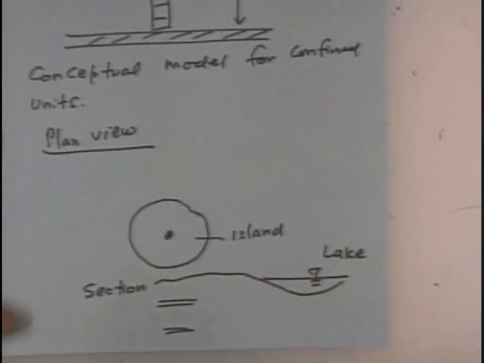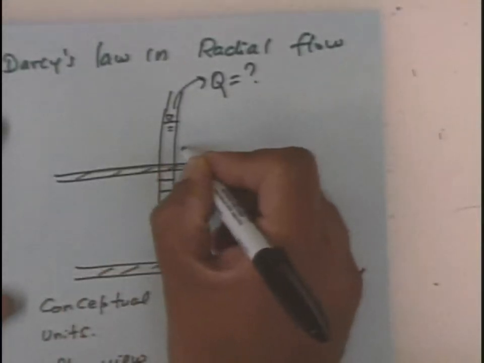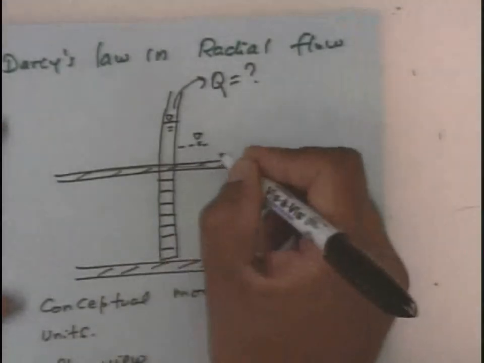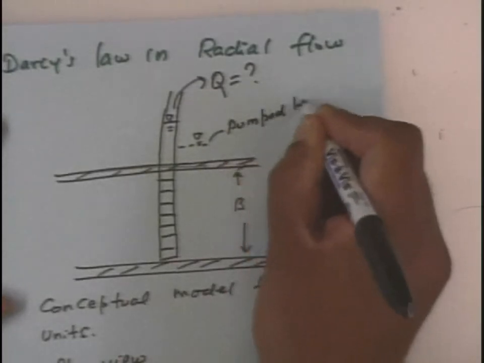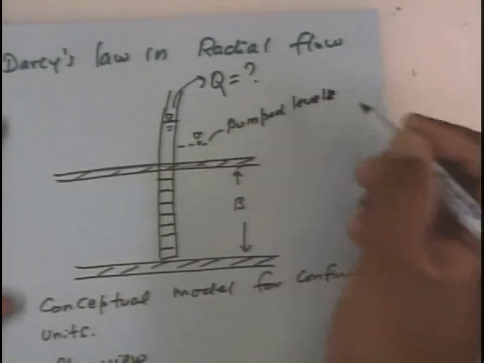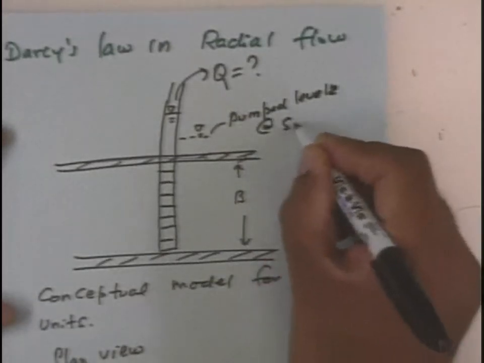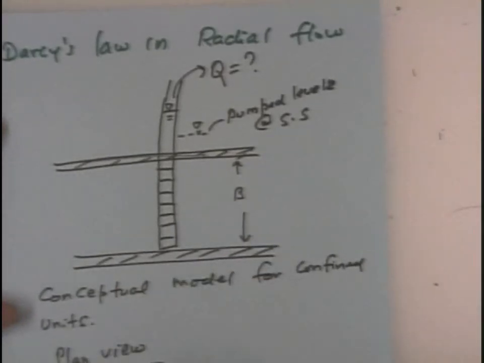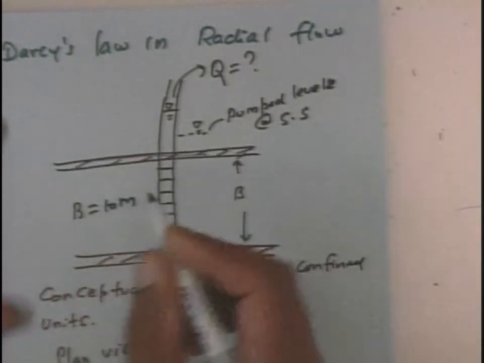So I'm going to start pumping in this aquifer. The minute I pumped, the head in the aquifer went down like this. This is the pumped level, and let's assume steady state. Let's put some numbers. B is equal to 10 meter.